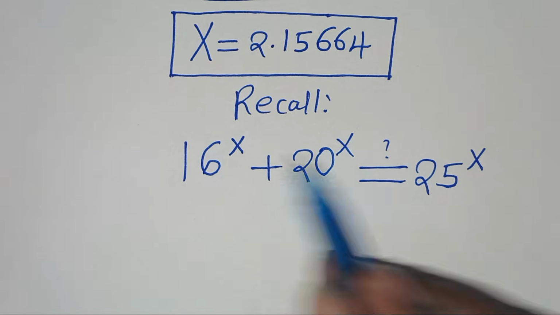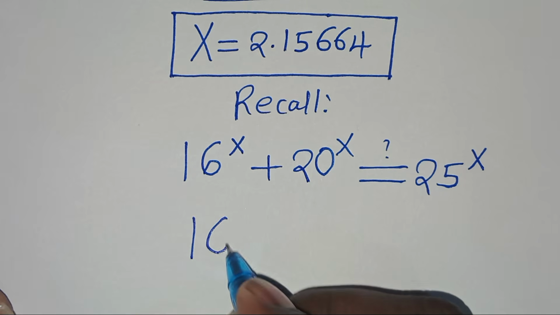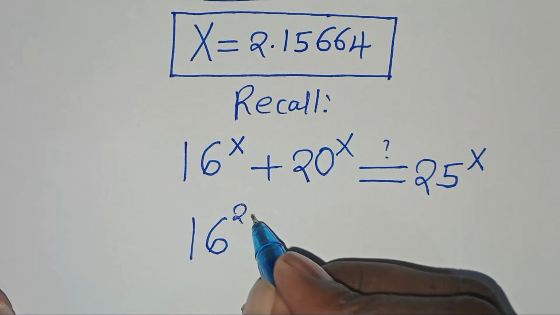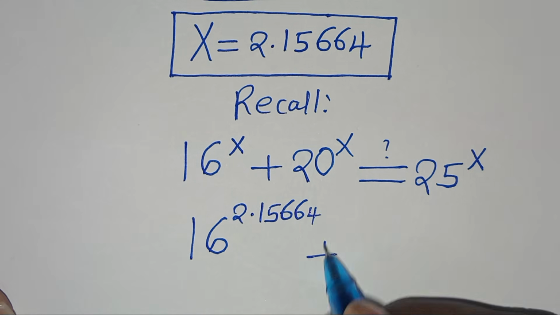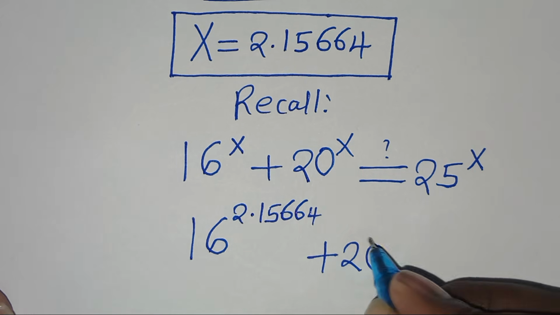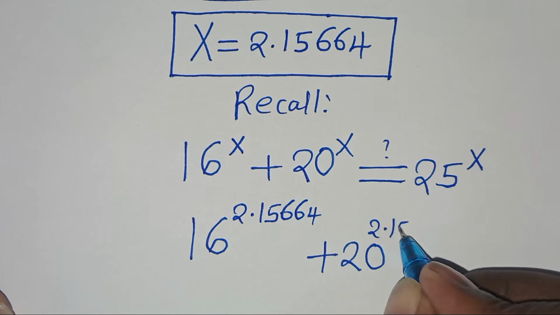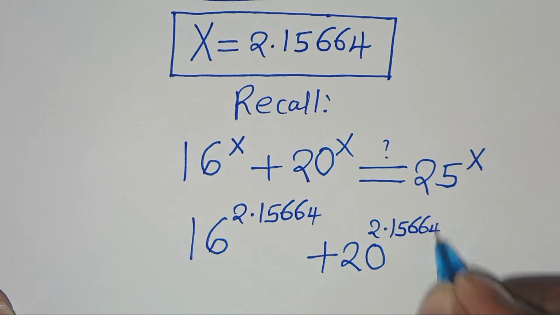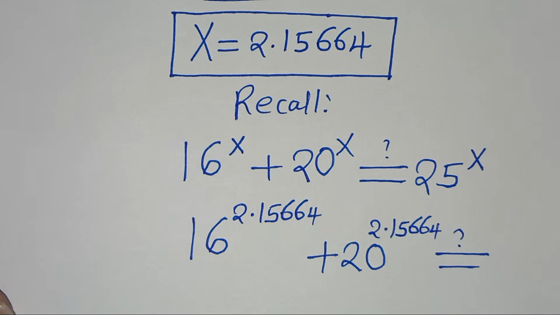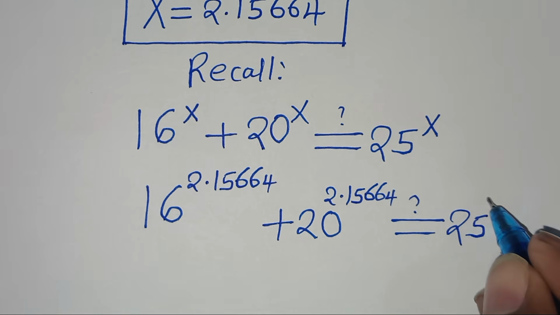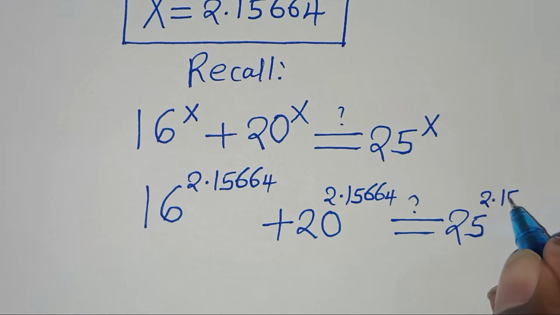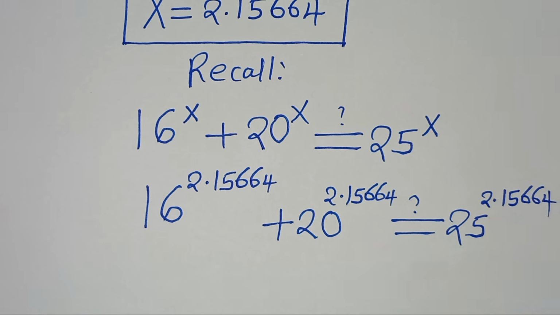So let's substitute the value of x. This is 16 raised to the power of 2.15664 plus 20 raised to the power of 2.15664. This should be equal to 25 raised to the power of 2.15664.